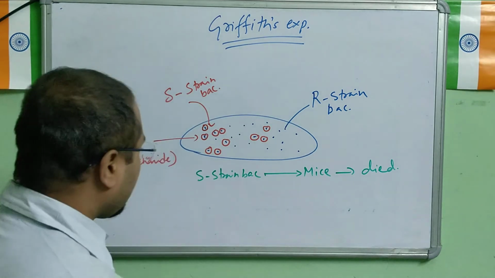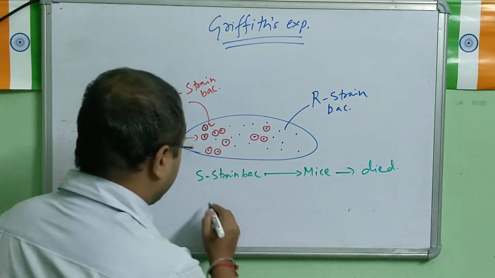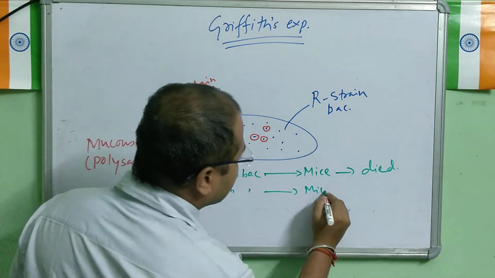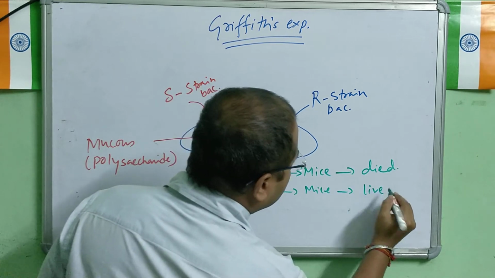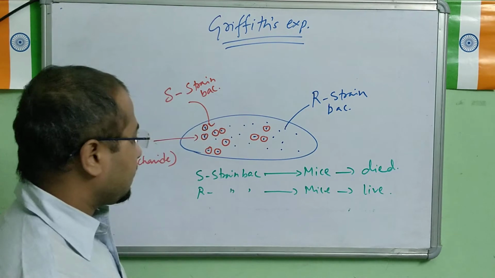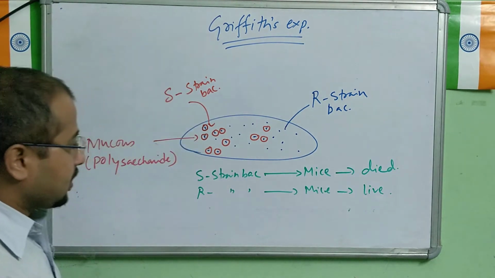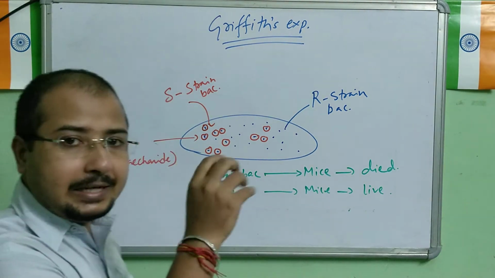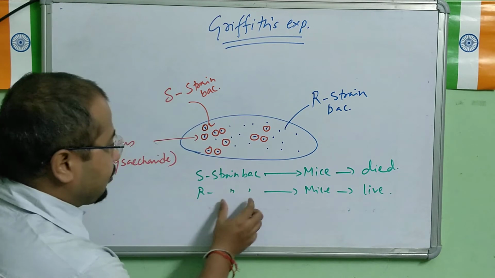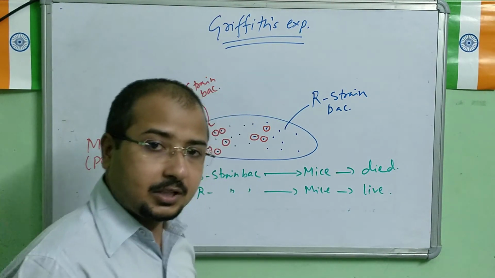Secondly, he injected the R strain bacteria in the mice, and the mice did not die, they remained alive. This is the first step of his experiment.